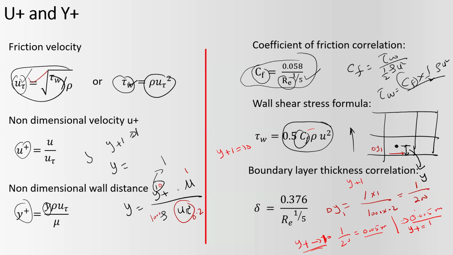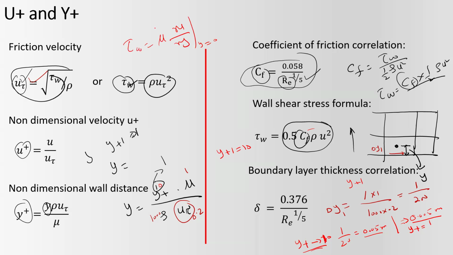And please keep this in mind: because velocity will be varying along this whole dimension, the friction velocity will not be constant. The wall shear stress is the normal shear stress at the wall, equal to mu du by dy. When we talk about the wall shear stress, we are talking at y equal to 0.